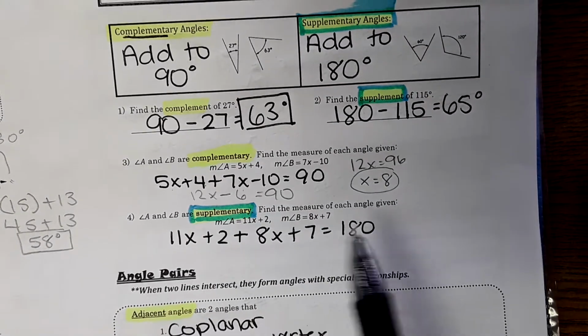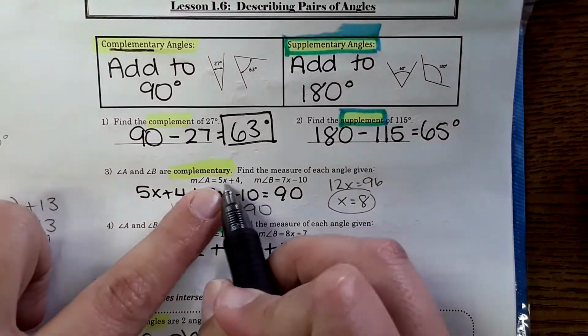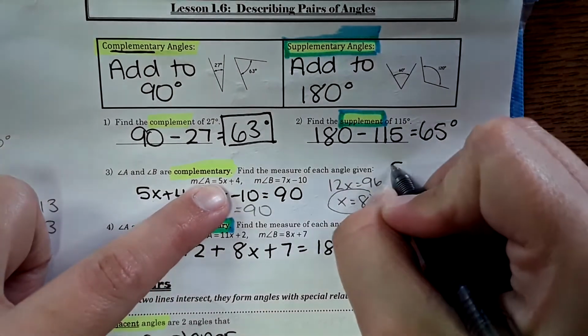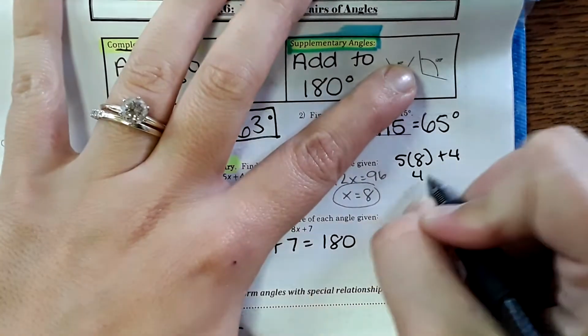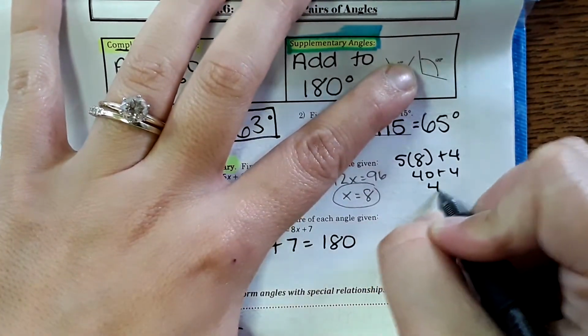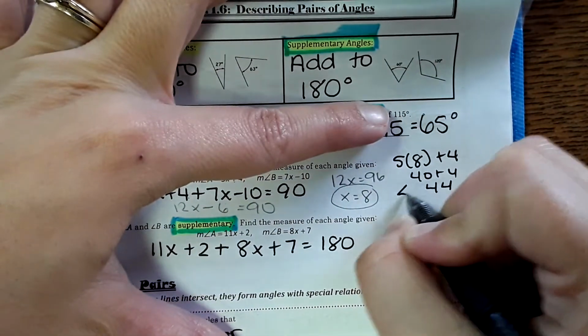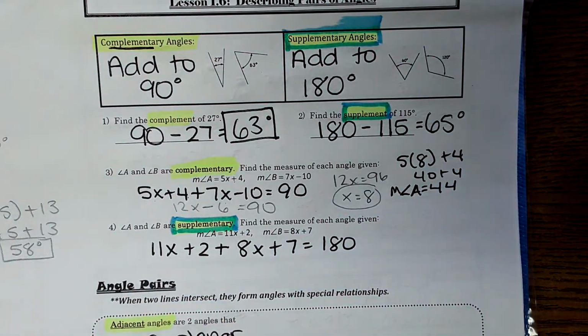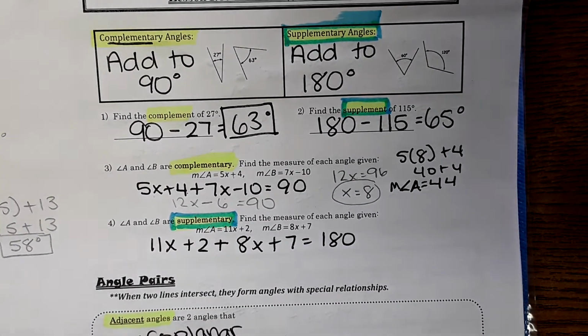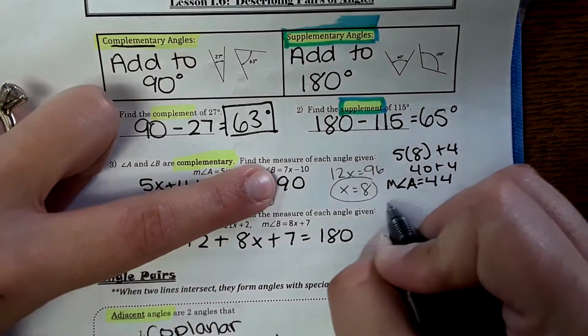Okay, so once we have x equals 8, then we need to plug it into these expressions. So 5 times 8 plus 4. That would be 40 plus 4, which is 44. So angle A, measure of angle A equals 44. And then for angle B, again, plugging it in.